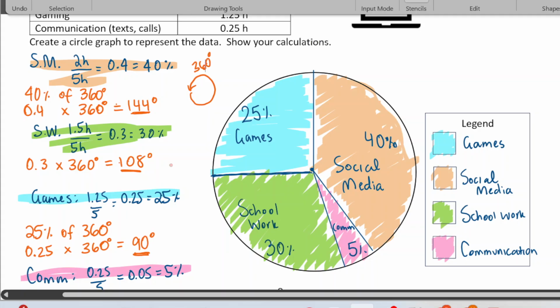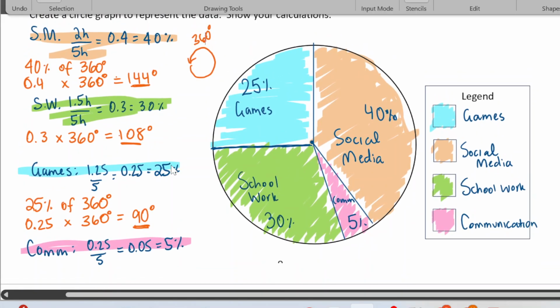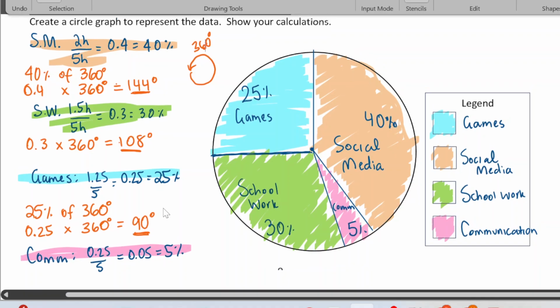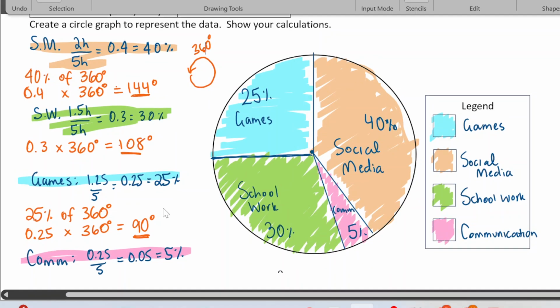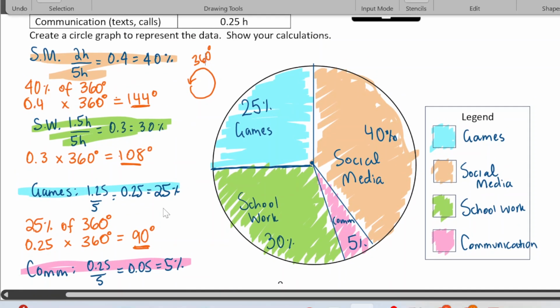Once you get those angles, then you want to start with the easiest one. I always find quarters or half a circle is easiest to start with. So that's why I started with games at 90 degrees, because it's exactly a quarter of a circle. And then you build from there. And I would definitely recommend using a protractor to measure your angles.